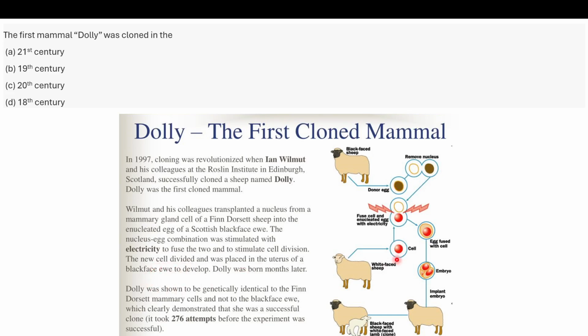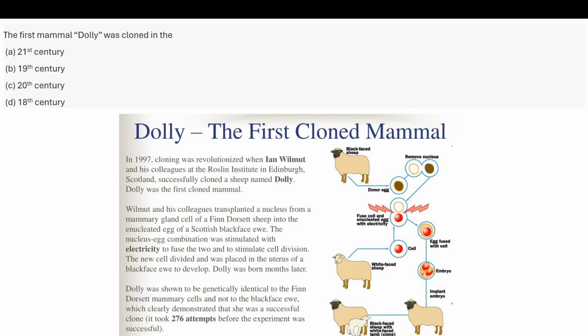The resulting cell divided and was placed in the uterus of a Blackface ewe to develop.